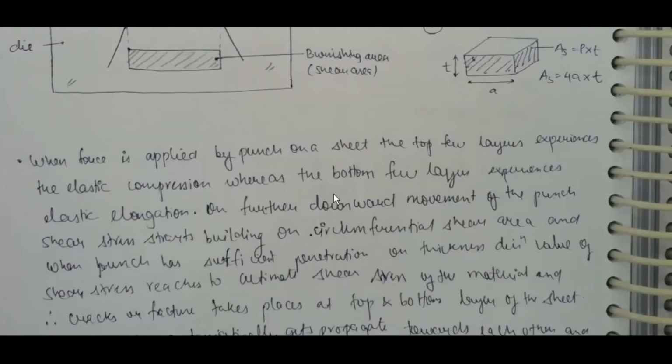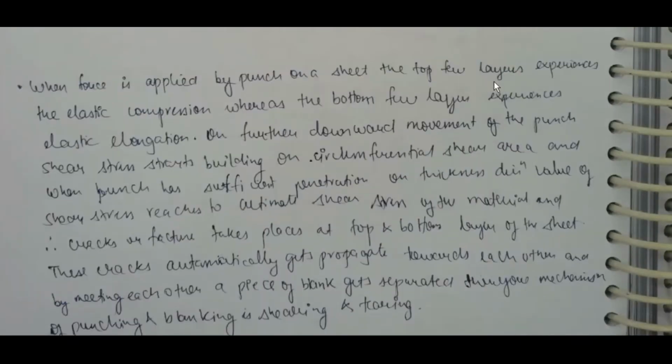When force is applied by the punch on a sheet, the top few layers experience elastic compression, whereas the bottom few layers experience elastic elongation. On further downward movement of the punch, shear strains start building on the circumferential shear area, and when the punch has sufficient penetration in the thickness direction, the shear stress reaches the ultimate shear stress of the material, and cracks or fracture take place at the top and bottom layers of the sheet.